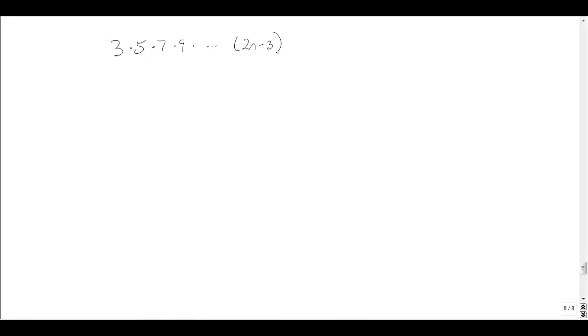Really, this looks kind of like a factorial, but the even terms are missing. So what I'm going to say here is I can throw 1 times out in front. Well, 1 doesn't change anything. This is 1 times 2 times 3 times 4 times 5 times 6 times 7 times 8 times 9. And I just go up by 1, and then I'll get a 2n minus 2 and then a 2n minus 3.